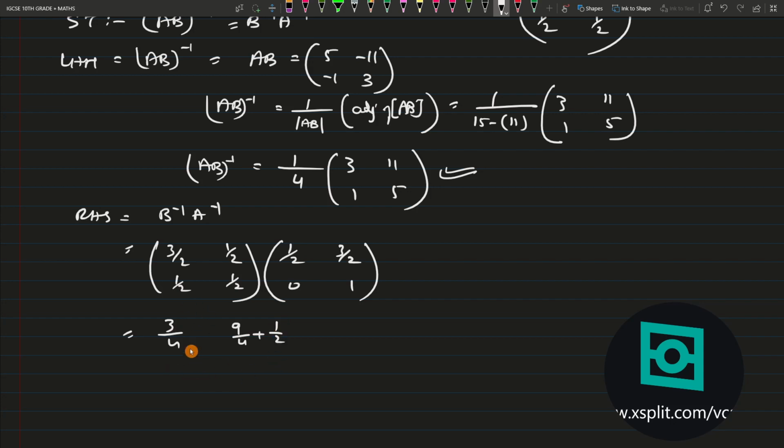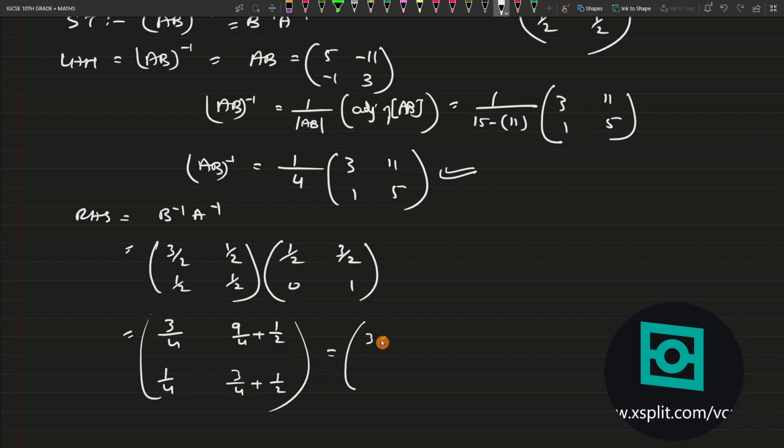Then second row, first column will be 1 by 2 into 1 by 2 is 1 by 4, plus half into 0 is 0. So it will be 1 by 4. And this will be second row, second column: half into 3 by 2 will be 3 by 4 plus 1 by 2. So this is your product of B inverse times A inverse.